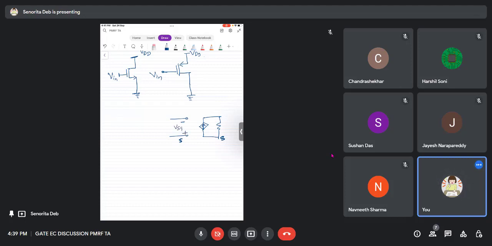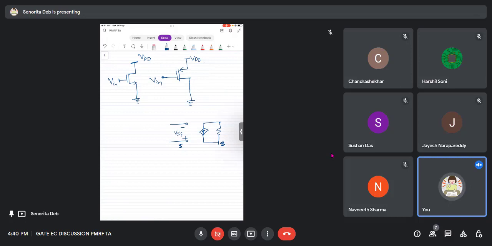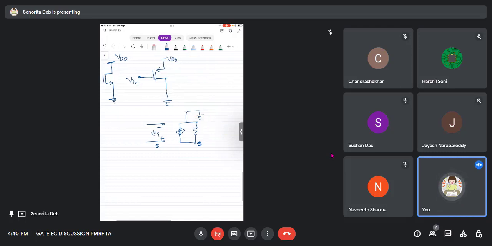VSG will be positive, so I am writing plus minus VSG here. And then I will short the drain to ground, and I am taking the output from here.